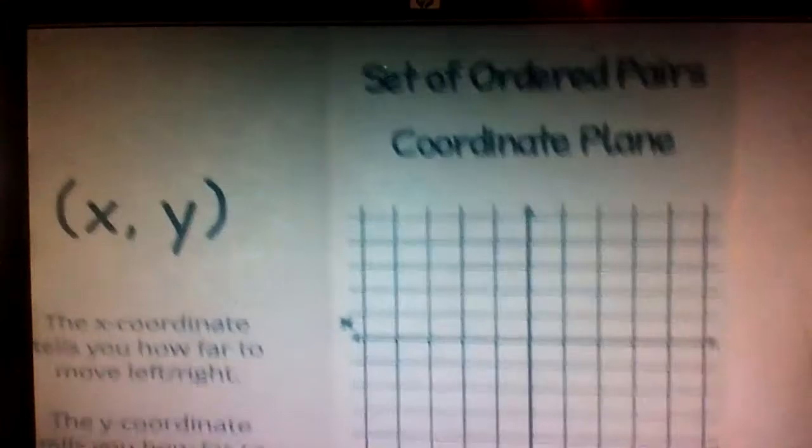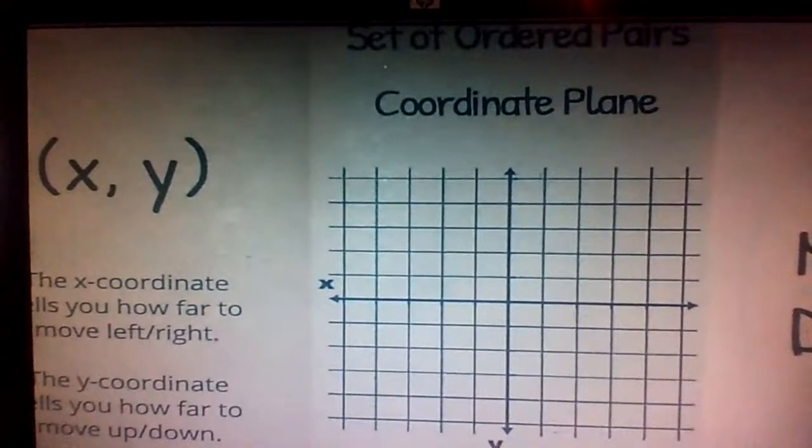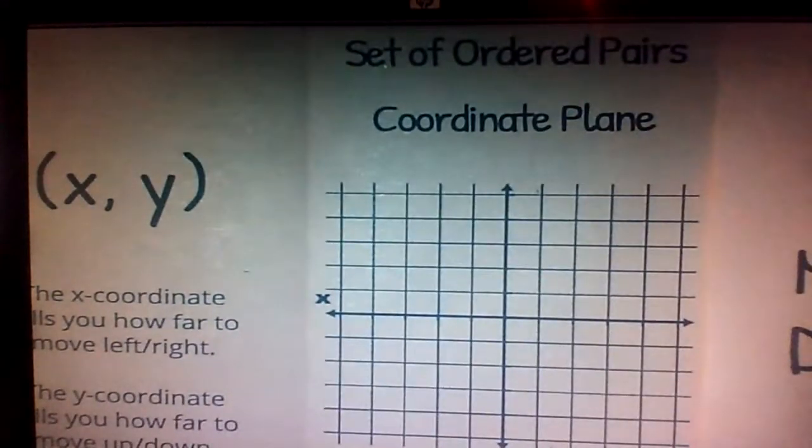Okay, down here, what does a relation look like on a graph? The first point you gave me was 1, 2. How do I graph 1, 2?